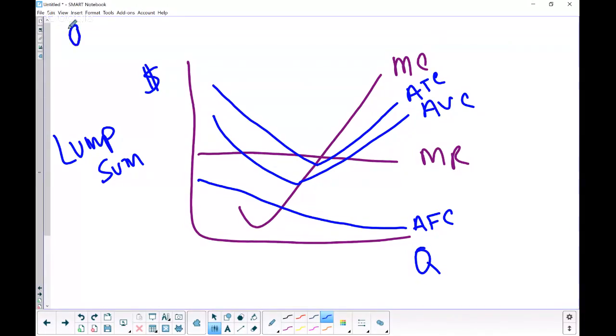At 0 units, so if we're producing 0 units, there's 2 things that are absolutely true. Our total cost is equal to our fixed costs, and our variable cost is equal to 0. That's because at this production of 0 units, we're not actually producing anything, so we have not bought any resources and materials.